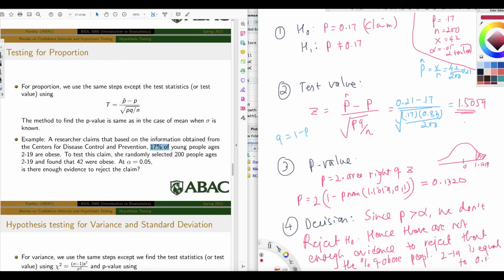Because we said percentage, I would say 17%. Okay, so this is how you write the conclusion.